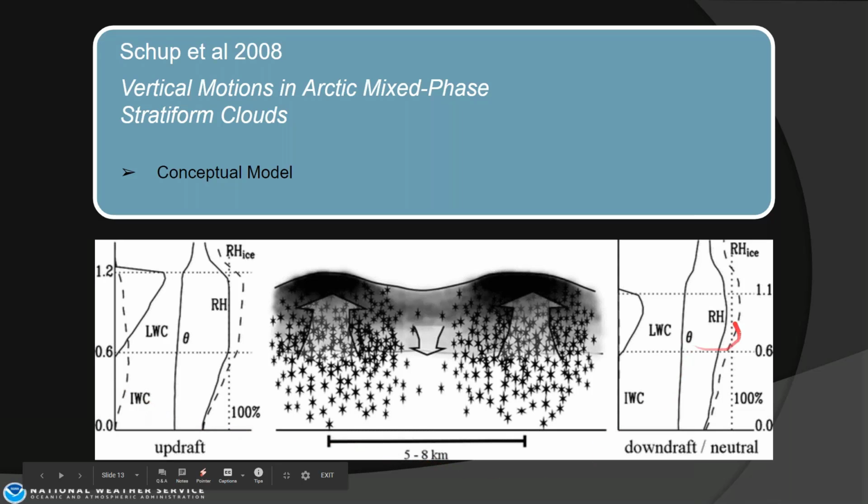So the downdraft is a weaker version of the left-hand side, where your saturation is more limited. Your liquid saturation is not there, and your liquid content just sits there without much ice water content because of the lack of vertical motion, so you're not generating those ice crystals.